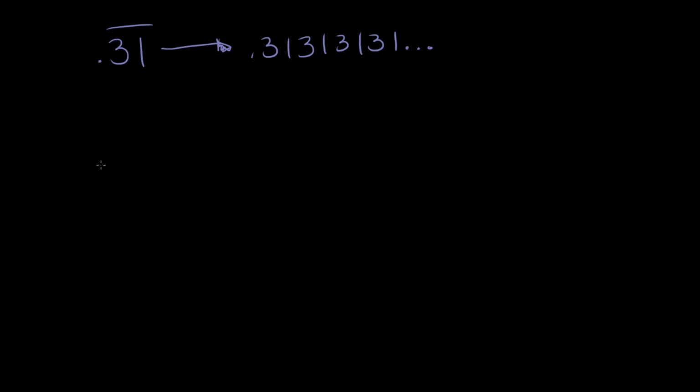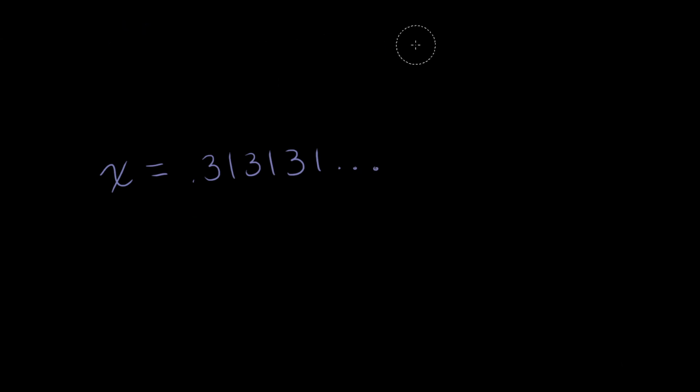And once again, we're going to say x is equal to 0.313131, etc. Okay, and we're going to do the same process again. The thing with this one though is we have two digits that are repeating.